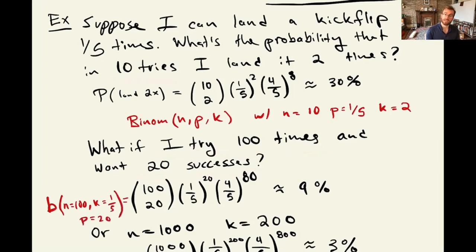Notice that when I do this calculation, I get a lower number. In particular, it's gone from 30% as the probability of landing the expected number of times, which is 2, to 9% for landing the expected number of times, which is 20, because 20 is 1/5 of 100. And I can repeat this process.